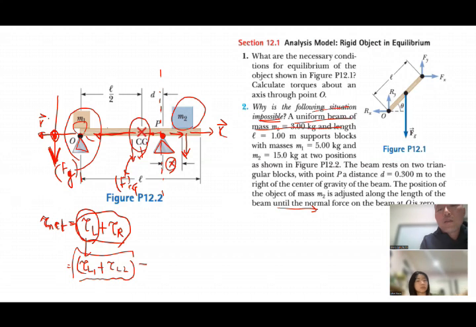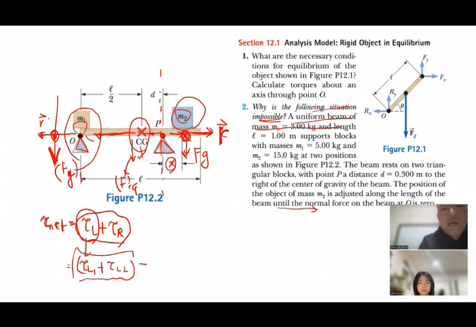But the torque produced by the force out of the M2, the radial vector is in this direction. The force out of gravity is downward. So the direction of the torque is inward to the whiteboard.